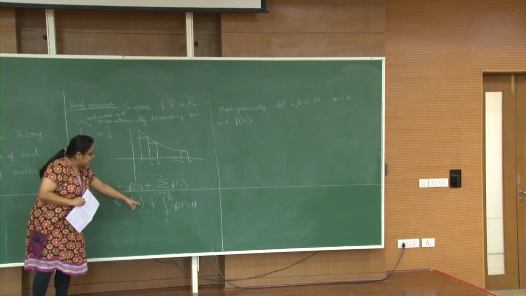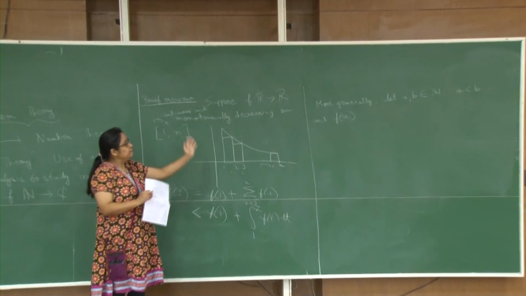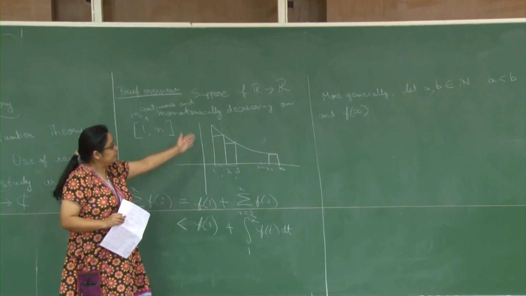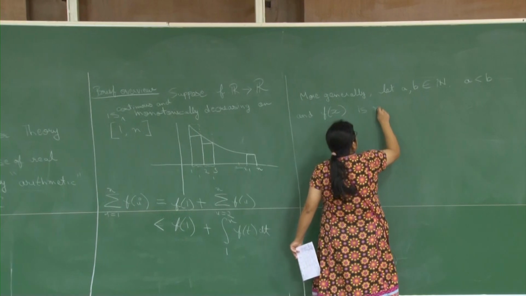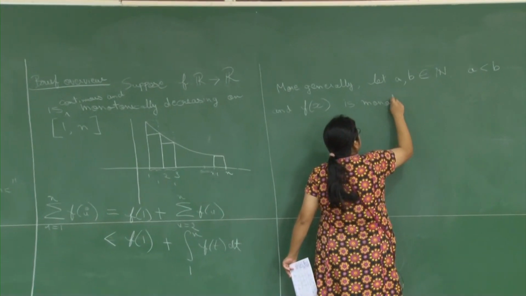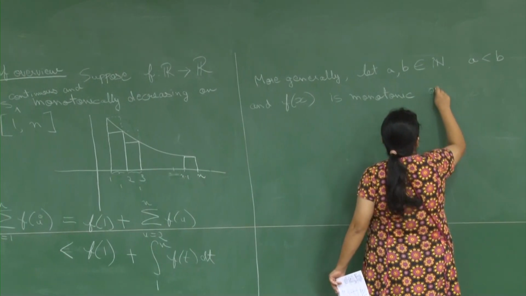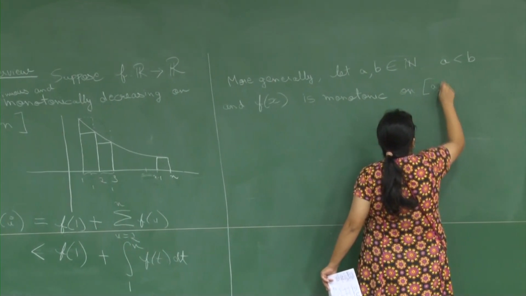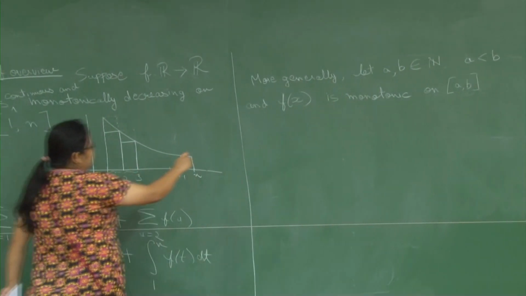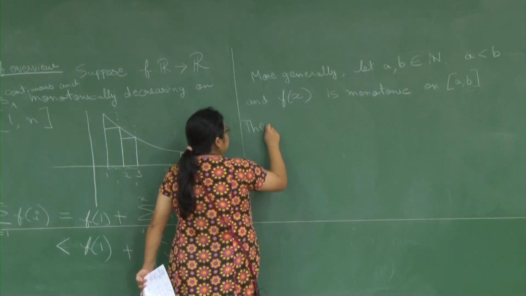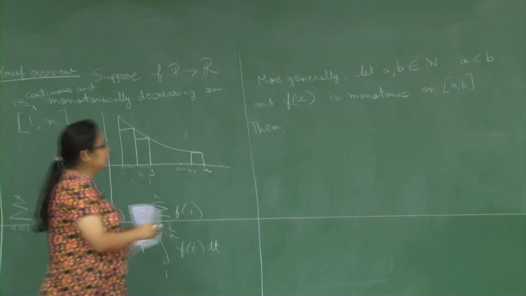The same kind of analysis can also be done when you have a monotonically increasing function. You can draw a bunch of rectangles and compare the integral with the areas. So, I am going to club them all in a general framework, on the interval a to b. Okay. Then it turns out, I am going to leave this as an exercise for you, it is just a generalization of what we did here.